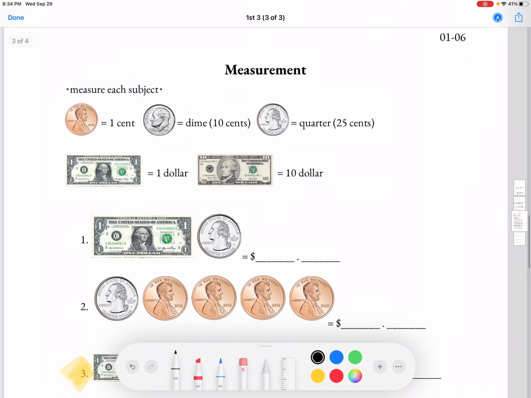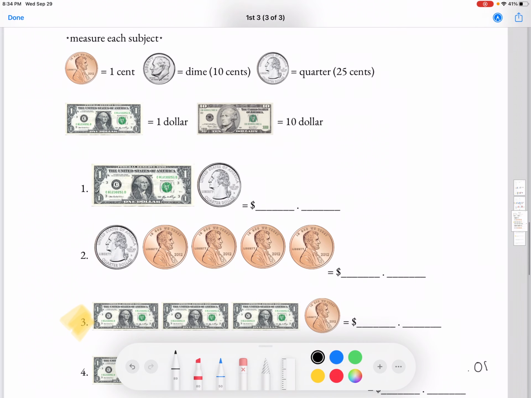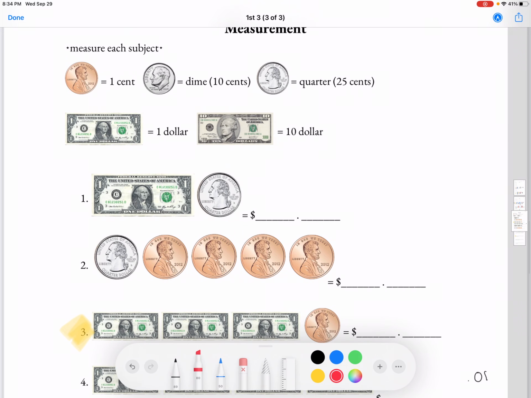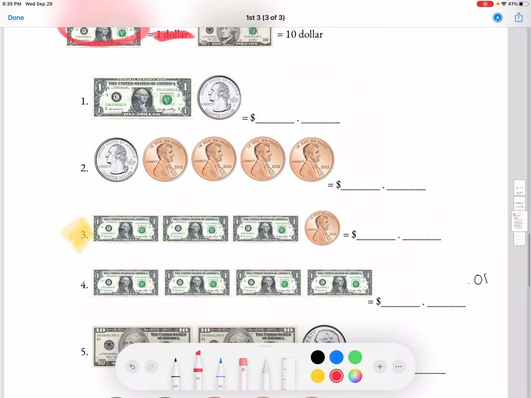Next, we're going to do measurements or money. We can see up here that this equals $1, and this equals 1 cent. So we have 3 of these, $1, $2, $3, and 1 cent.